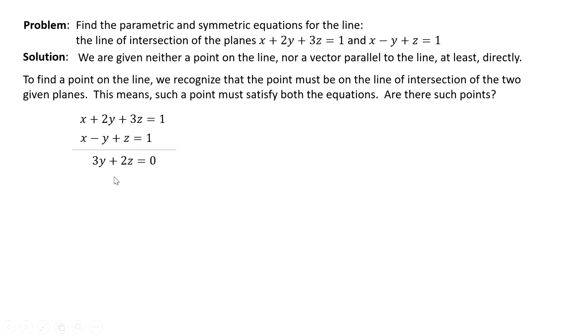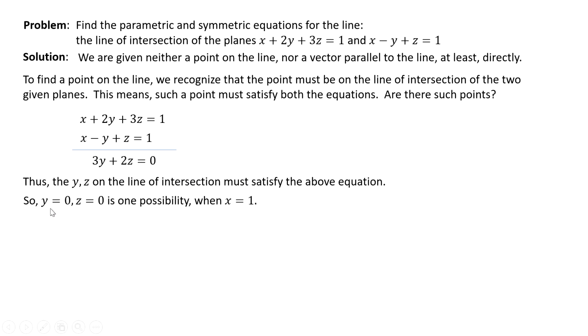3y plus 2z. That's one equation, but we have two variables, y and z. Well, this is where I was talking about one of them being a free variable. So you can make z or y to be anything you want. The y and z on the line of intersection must satisfy this equation, 3y plus 2z.